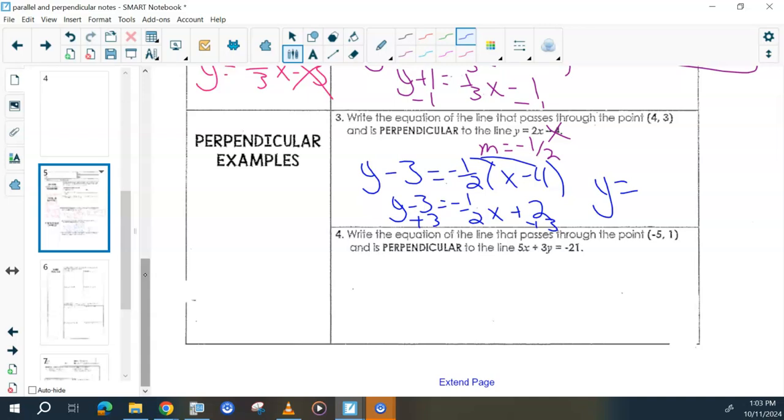What is that final equation? Plus 5. Yes. So I can see that this is perpendicular to the original because the slopes are negative reciprocals. Any questions on that before we move on to 4?